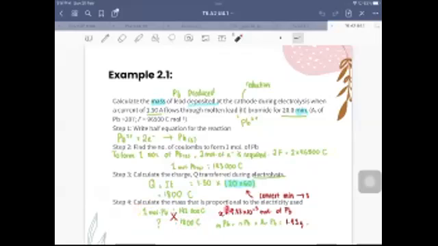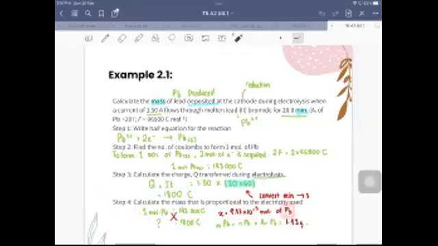We found that with 1,800 coulombs of charge, we could only form 9.33 times 10 to the power of minus 3 moles of lead. The question is asking for the mass.